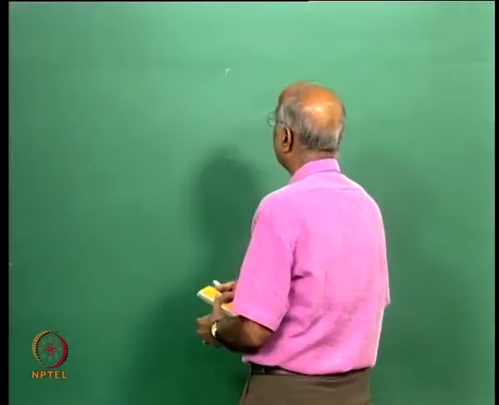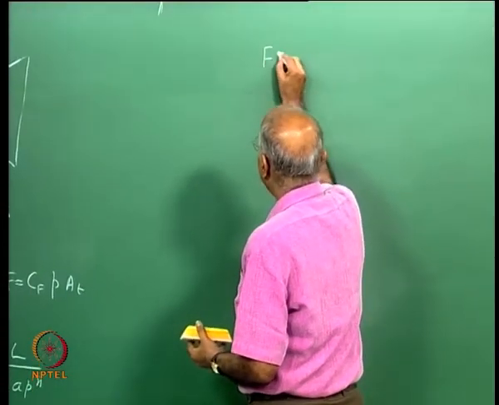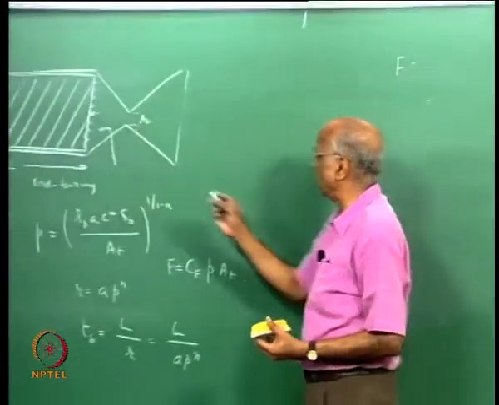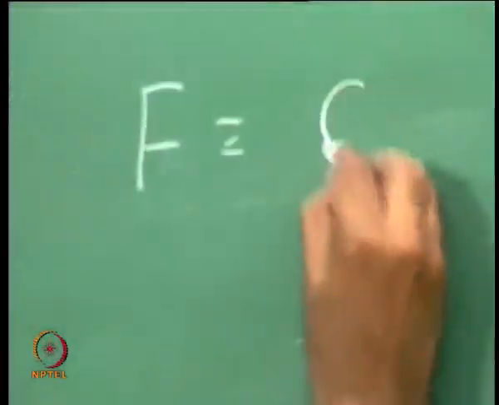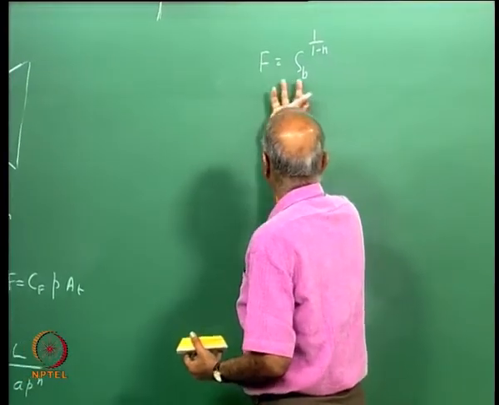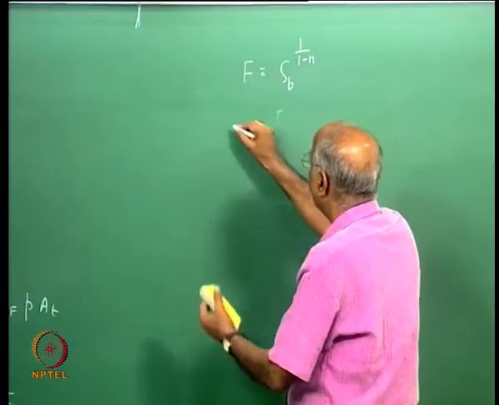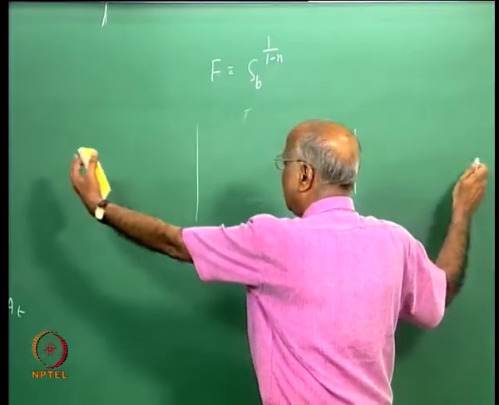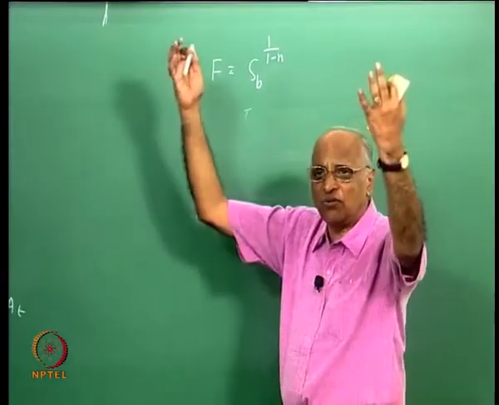What am I telling? We find that the thrust of an end burning charge goes as burning surface area to the power 1 minus 1 by n. If my thrust is going to be large, S b is going to be large, well, I need something like a large diameter rocket which I cannot really carry forward.